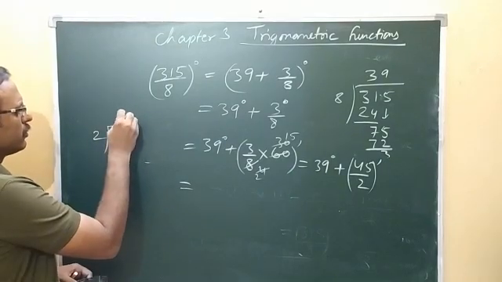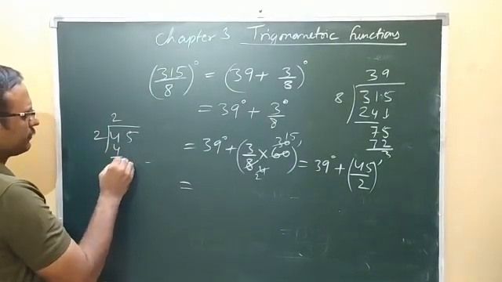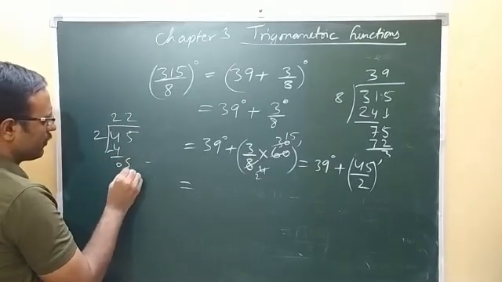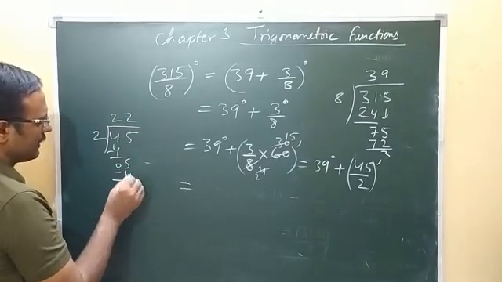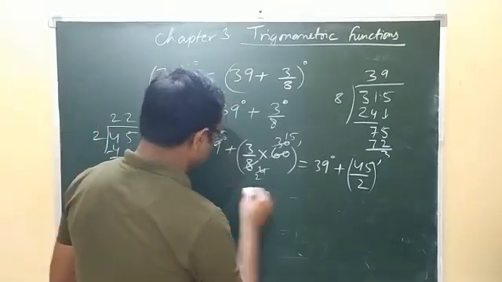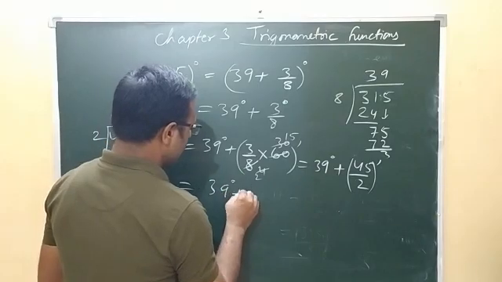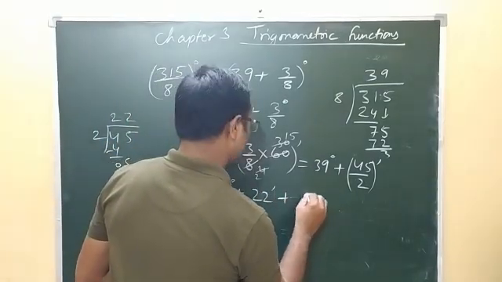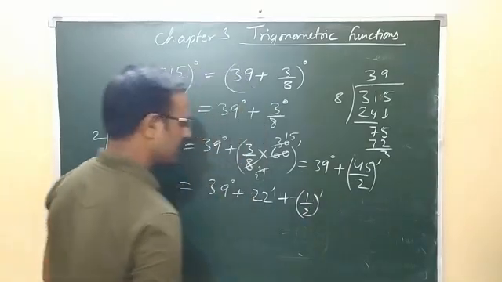So 2 twos are 4, and 2 twos are 4 again. So you will see that you are left with 1. So you can write it as 39 degree plus 22 minutes plus 1 upon 2 minutes.